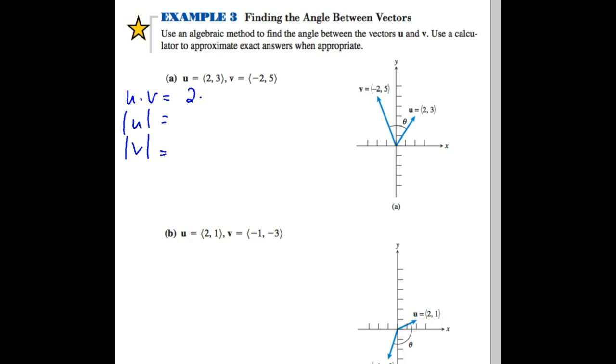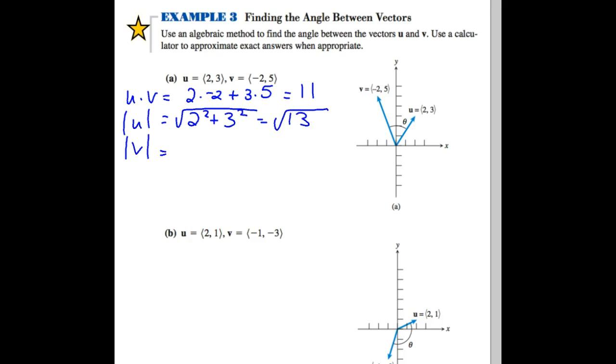We have first times first plus second times second, which gives us negative 4 plus 15, which is 11. Second, let's find the magnitude of the first vector. Magnitude, remember, is the square root of the sum of the squares. So 2 squared plus 3 squared gives us the square root of 13.